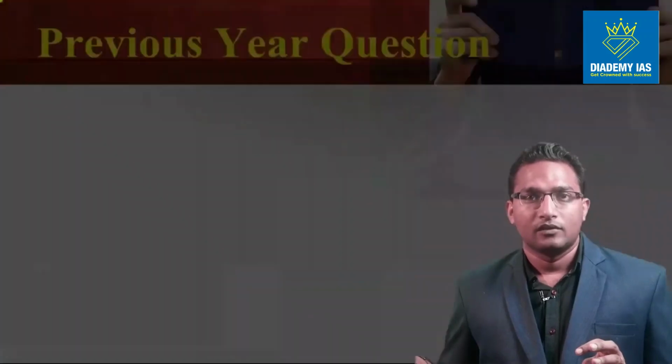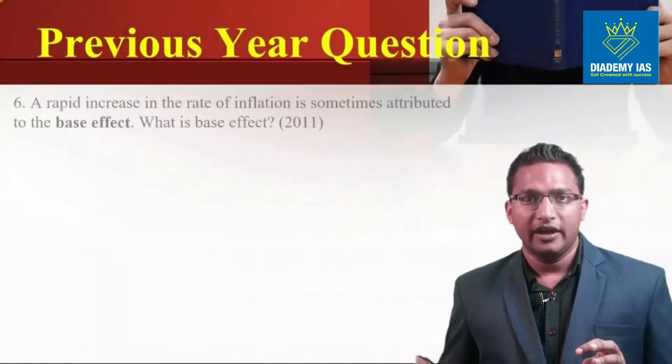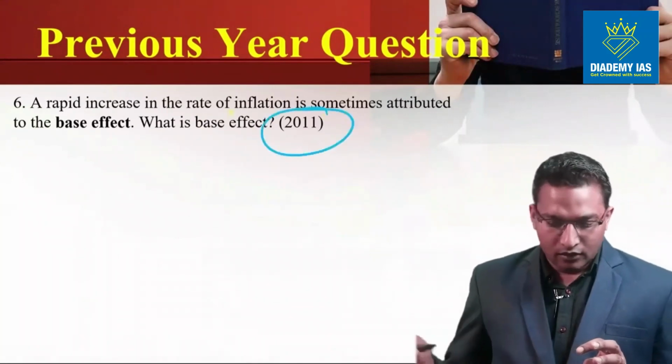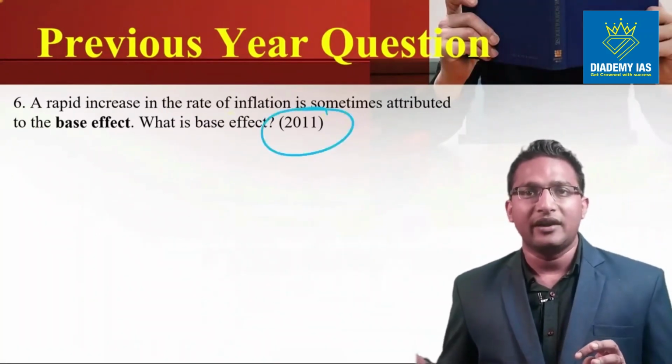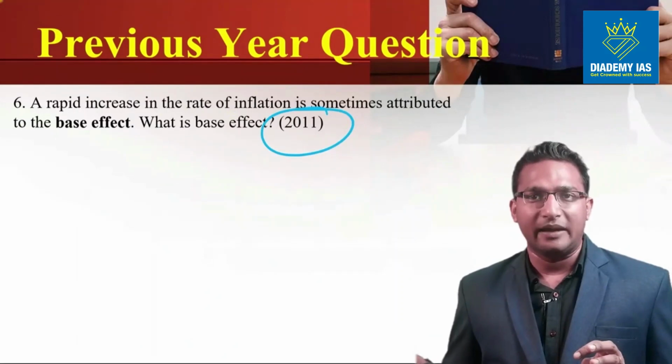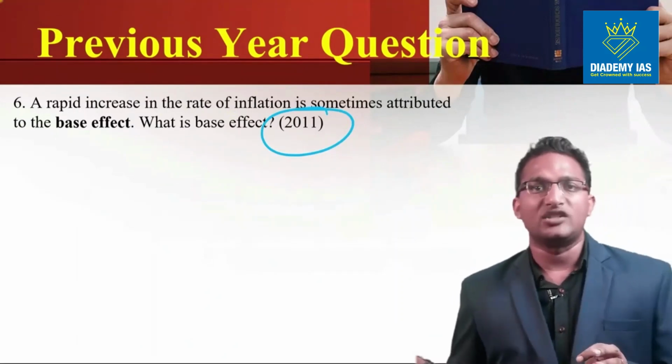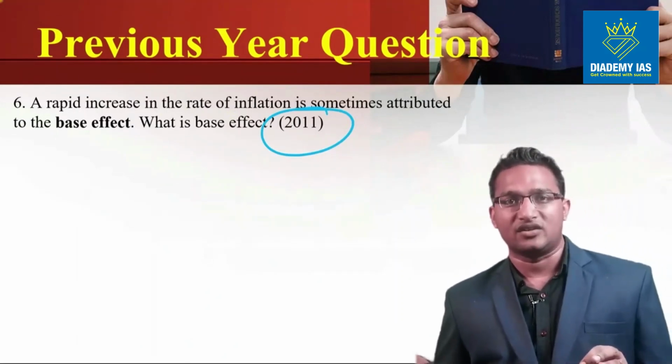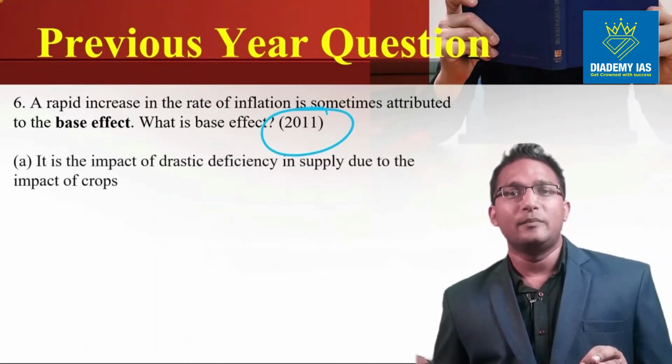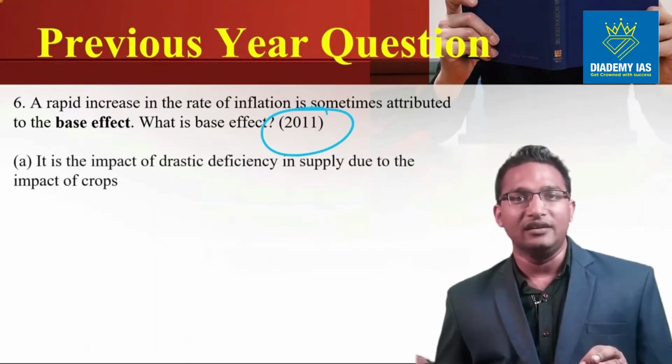Now, a previous year question. In 2011 this question came: a rapid increase in the rate of inflation is sometimes attributed to the base effect. What is the meaning of base effect? Option A, it is the impact of drastic deficiency in supply due to the impact on crops.